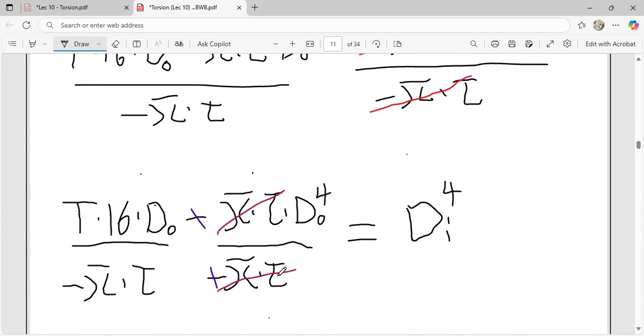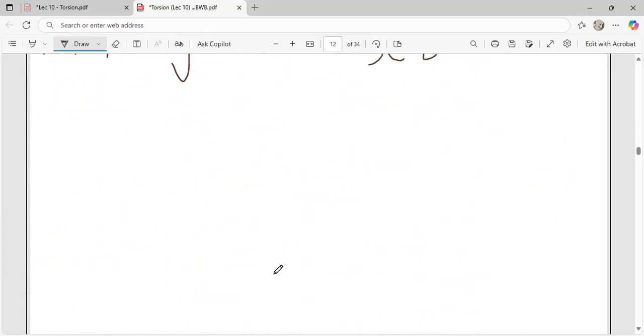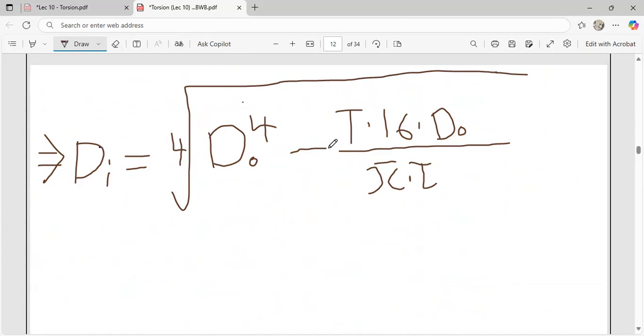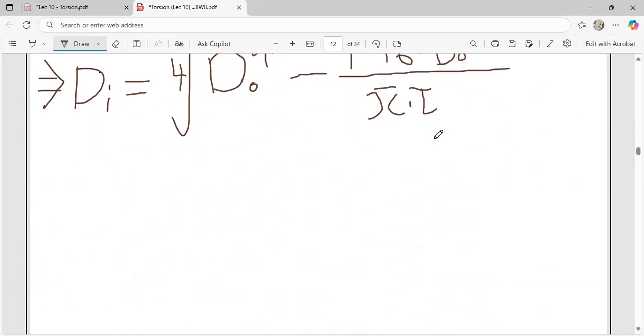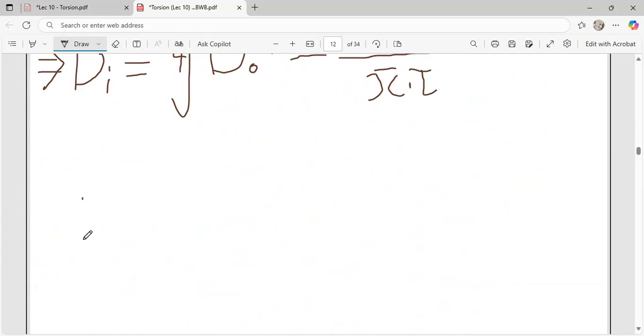So we have to calculate our T. All these values are known, but our T is what we don't know.